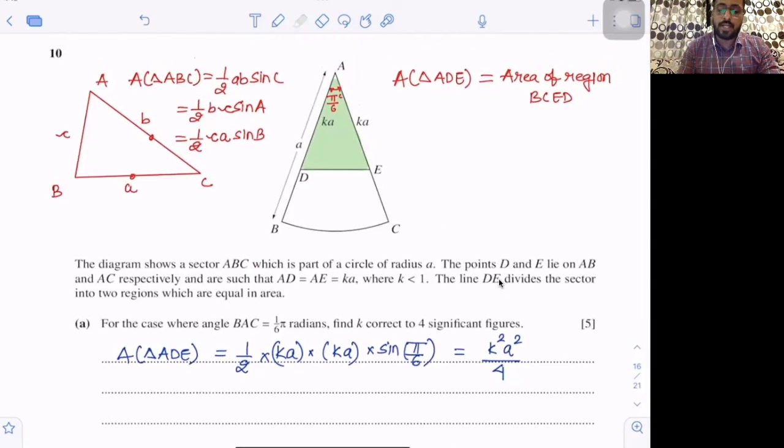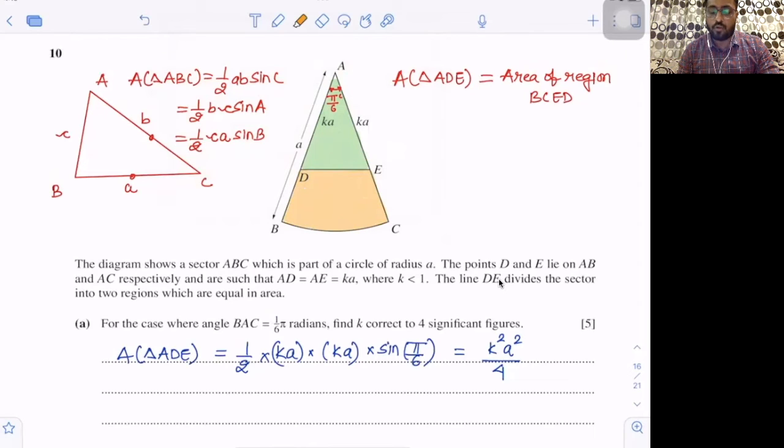Now I know the area of triangle ADE. I want to find the area of the region BCED as well. Right, students? I'm going to get the area of BCED also. So how do I get this area? Let's figure it out. Do you know what's the formula for area of the sector?